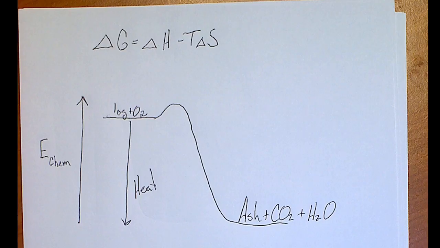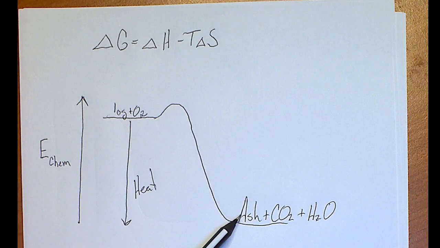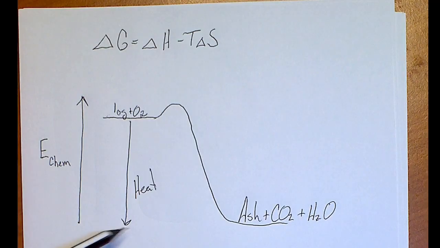Energy cannot be created or destroyed. We started with a lot of chemical energy. There's clearly very little chemical energy left in ashes, carbon dioxide, and water. Where did the energy go? It went into heat. And of course, this reaction is spontaneous. And I like to think of it like this.